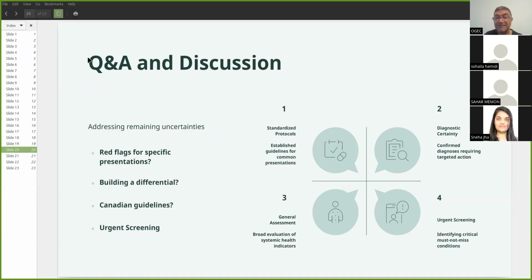For example, what kind of investigations are required, or what are the indications for MRI in a patient with back pain, or figures about diabetes, how you define diabetes, or what are the targets of HbA1c in a patient with cardiovascular disease with diabetes. These are the things that are updated yearly, and we can find them in the Canadian guidelines.